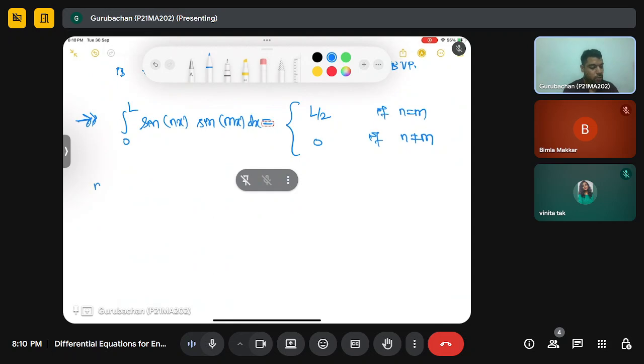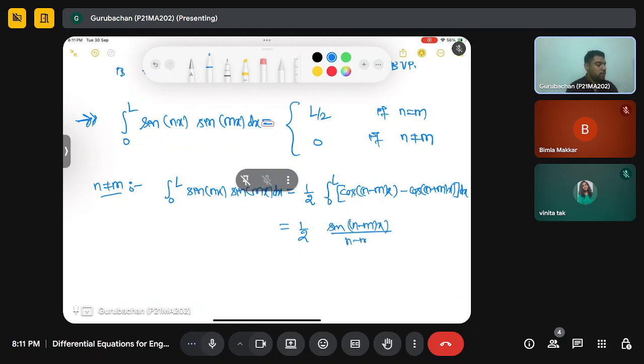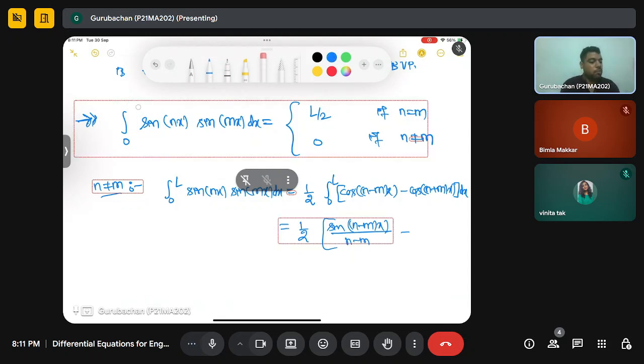If n is not equal to m, then this integral 0 to L sine nx sine mx dx will give you 1 by 2 integral 0 to L of cos (n minus m) x minus cos (n plus m) x dx, which is 1 by 2 sine (n minus m) x divided by (n minus m) minus sine (n plus m) x divided by (n plus m).